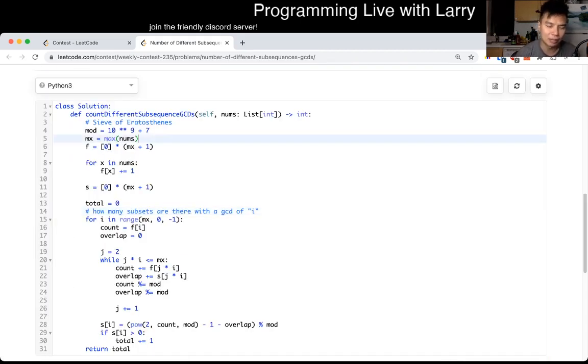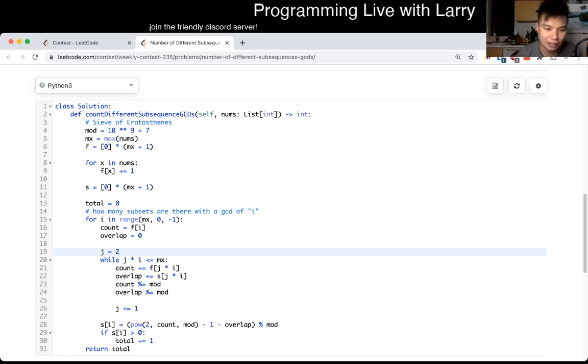So first of all, we set up the frequency table, but basically we count how many subsets there are with GCD of i. So the count, we start with f sub i, which is just the numbers that we see, but we also want to see how many numbers have a divisor that is i.